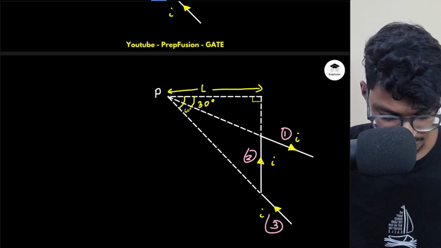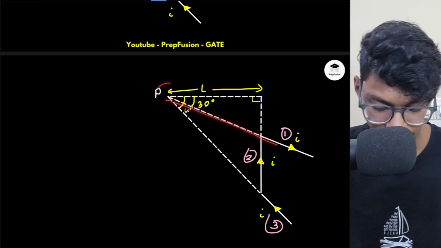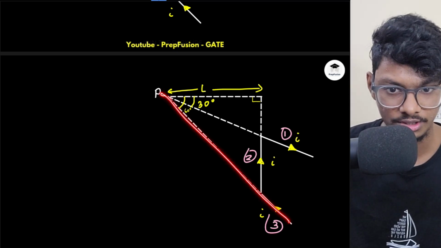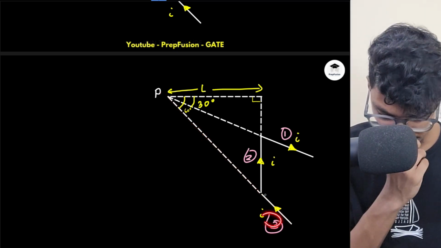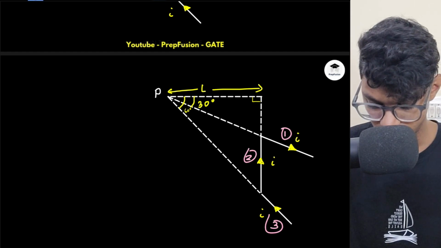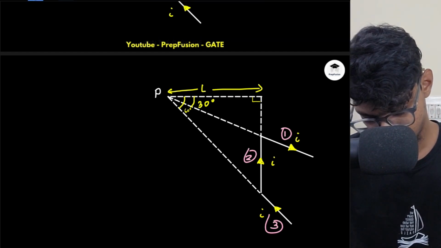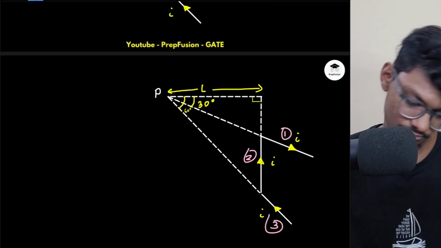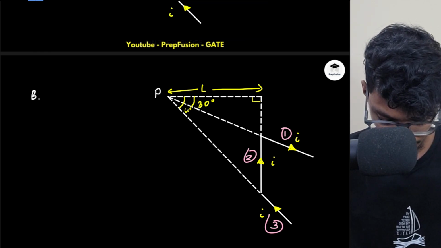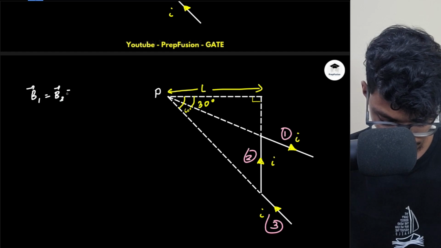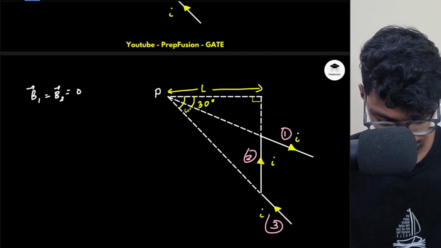If I extend section 1, it passes through point P. If I extend section 3, it also passes through point P. So obviously the magnetic fields due to 1 and 3 will be 0. So B1 equals B3 equals 0, but B2 will be non-zero.